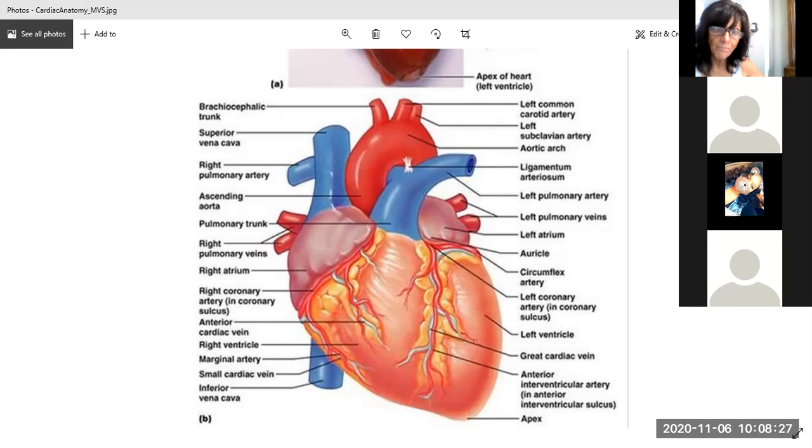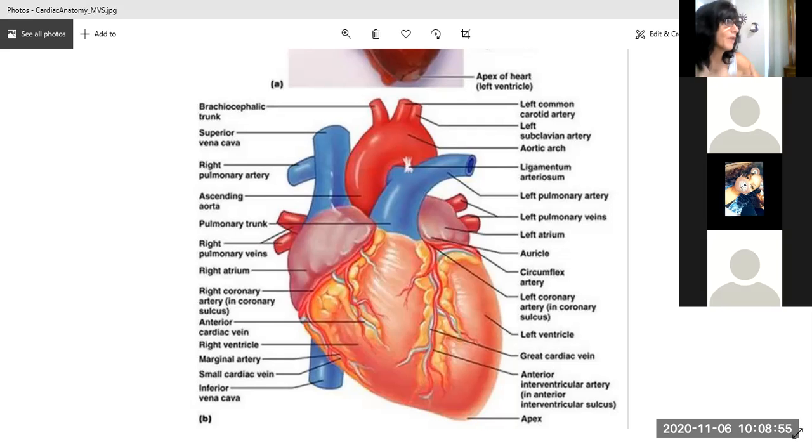And when it's a problem, blood will flow, instead of moving forward from the left atrium through the mitral valve to the left ventricle, the valve either doesn't shut right or sticks open and blood goes backwards. Oxygenated blood goes backwards into the left atrium. Whenever there's a problem inside the heart, depending on what side it is, that's going to show specific symptoms.